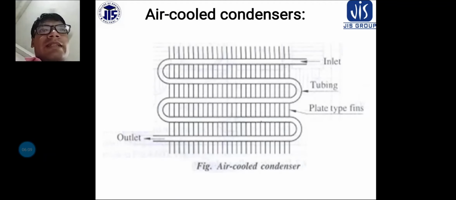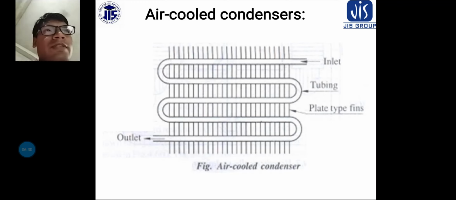So the heat is removed by air using either natural or forced convection circulation. Let us discuss the natural convection condenser here. In this condenser, air movement over the surface of the condenser tube is by natural convection.